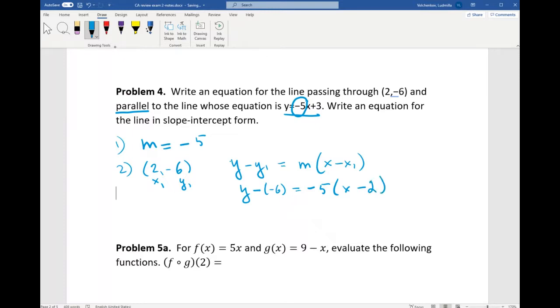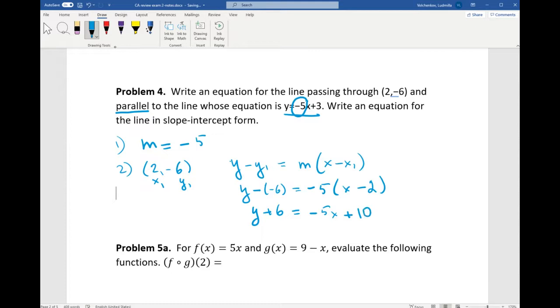And then we simplify. On the left we have y plus 6. On the right we multiply -5 by x, -5x. -5 times -2 plus, negative times negative plus, 5 times 2, 10.